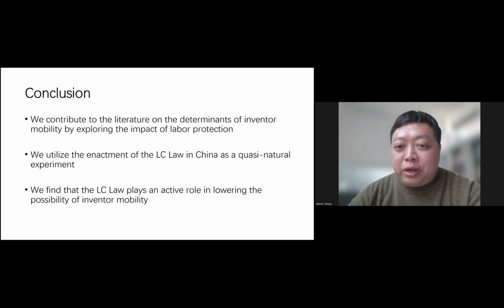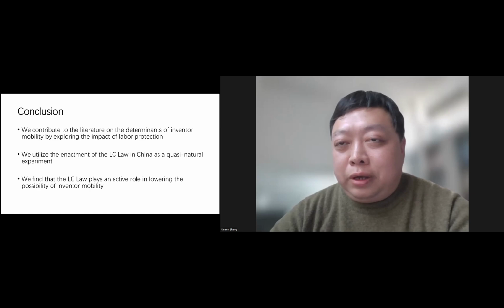The inventors need to invest some firm-specific human capital to get more innovation. But if the firm takes the patent and refuses to pay the price, they can exploit the inventor. Facing this, the inventor has less incentive to exert high effort in R&D.